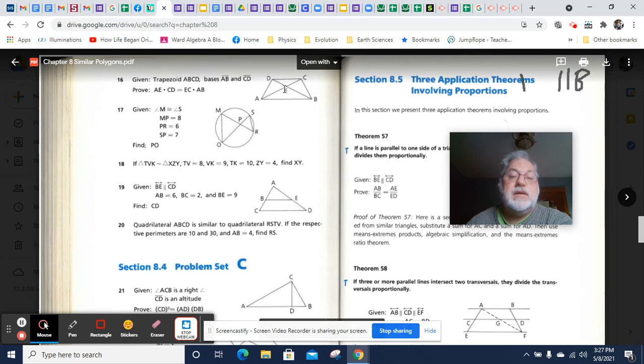AE times CD is EC times AB. Okay, so what you need to do is prove that this top triangle and this bottom triangle are similar.